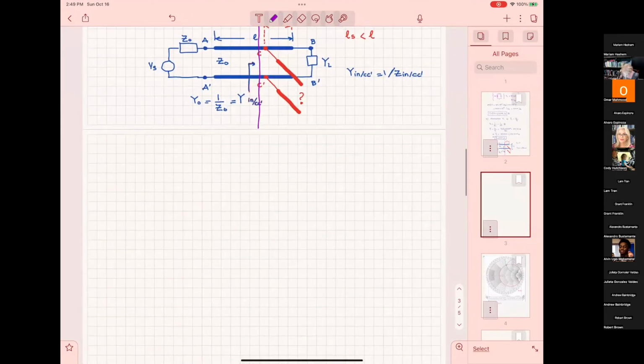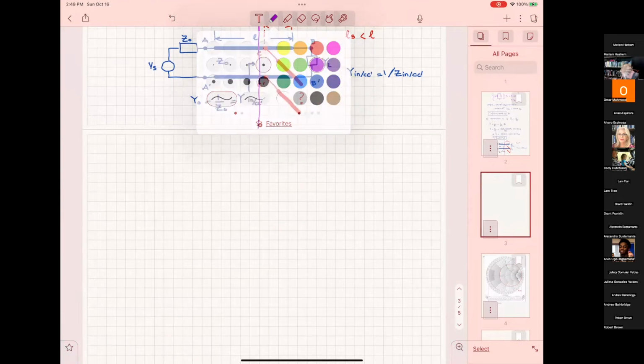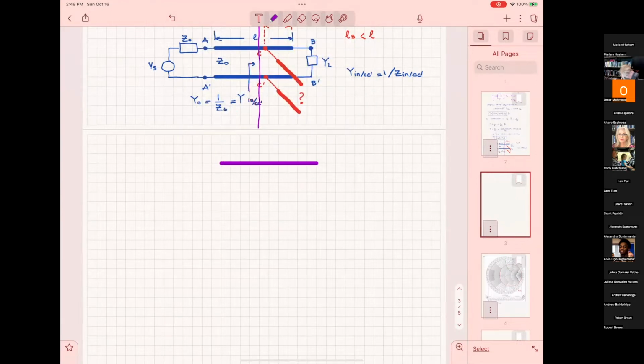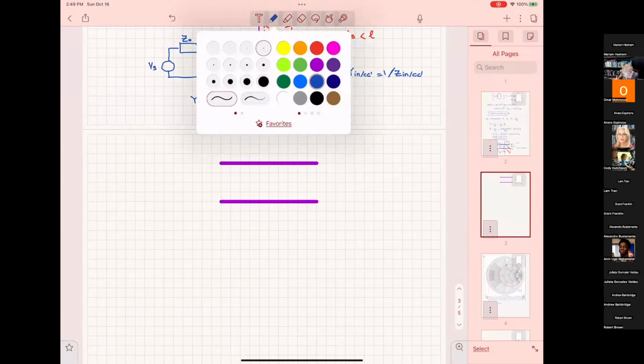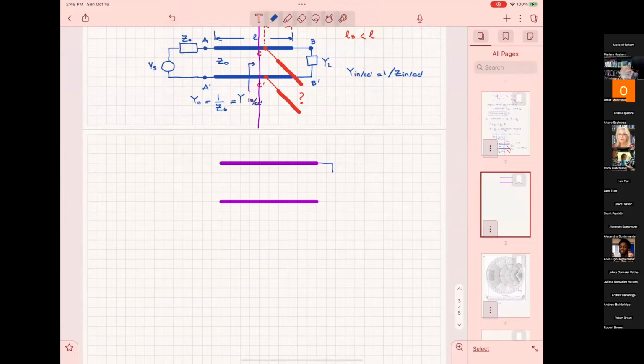If I have a transmission line like this, and at the end I have a 50 ohm load, and I have Z0 here and Z0 here, how much is the reflection coefficient at this point? 0.